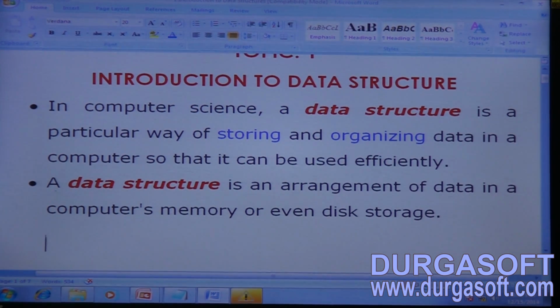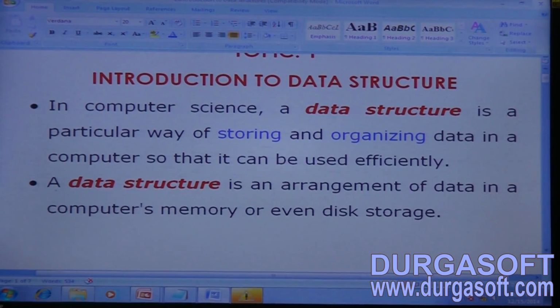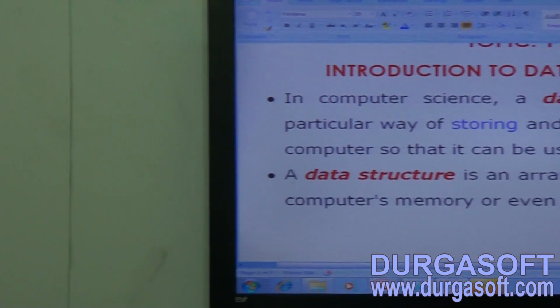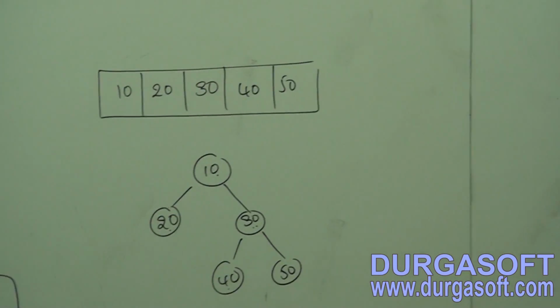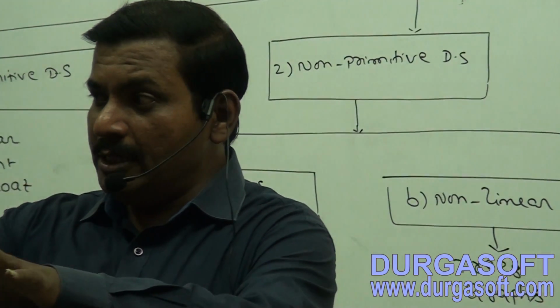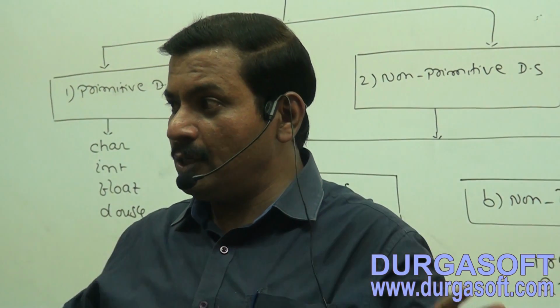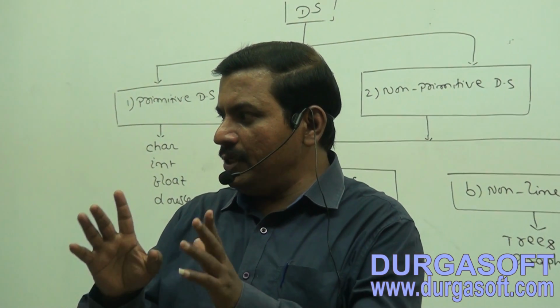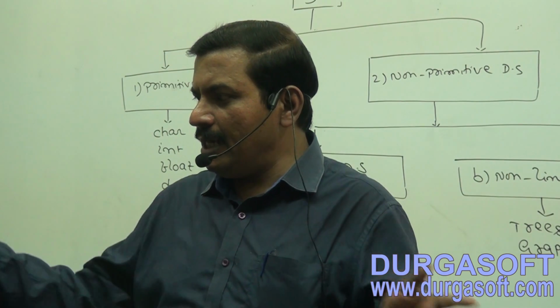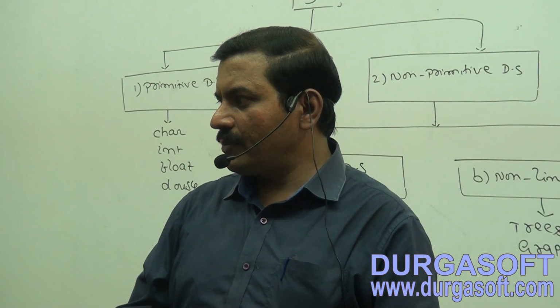I send job 1, he sends job 2, means I send one document to print, he sends a second document, he sends a third document. Only one printer is available, not 100 printers or 200 printers. Some 10 users send 10 documents to a printer in networking, right?